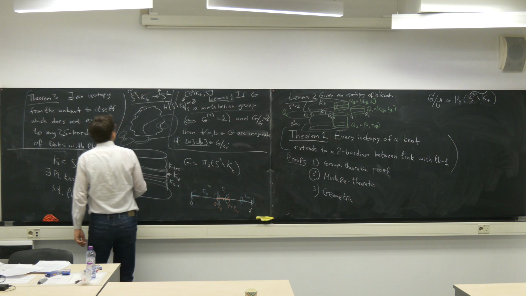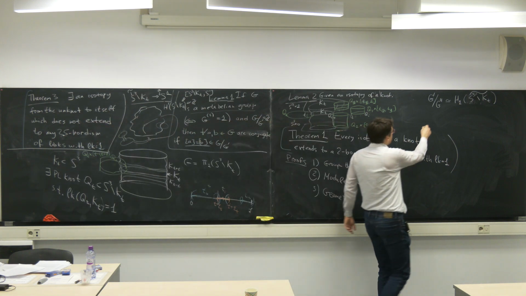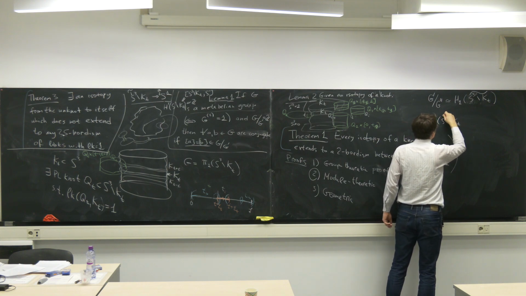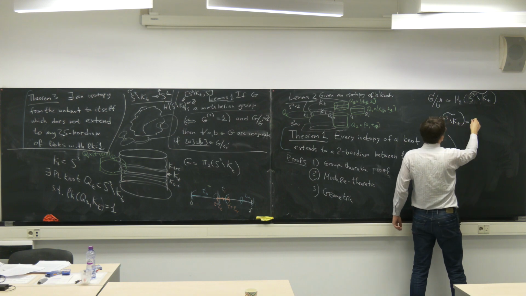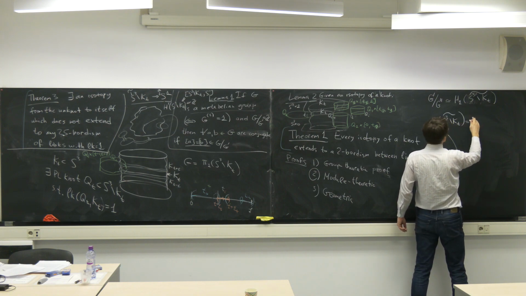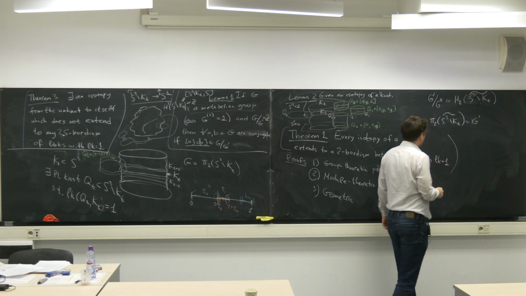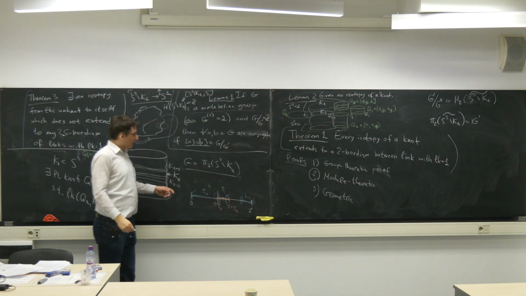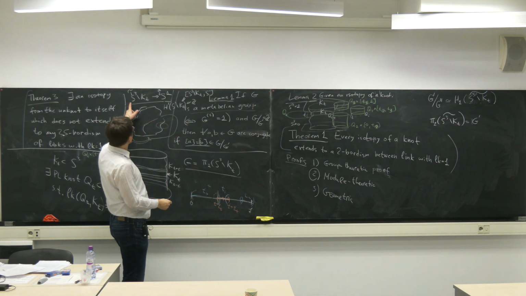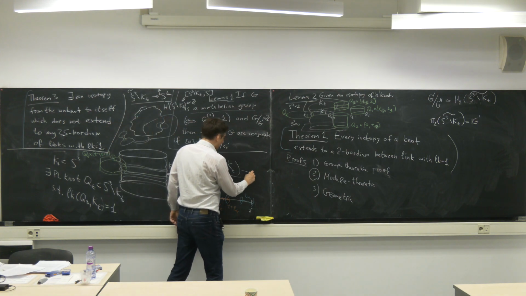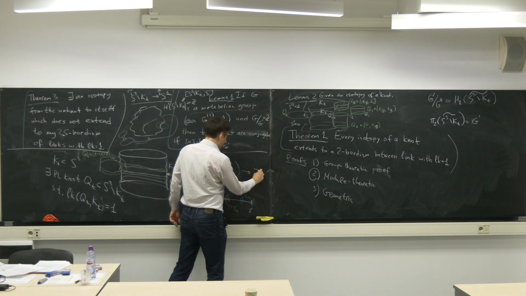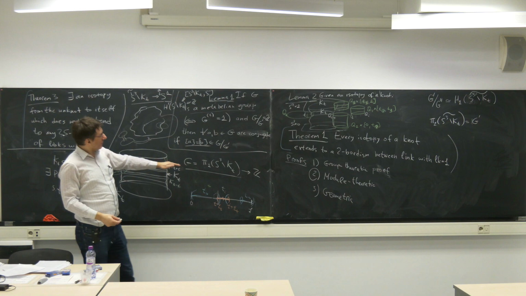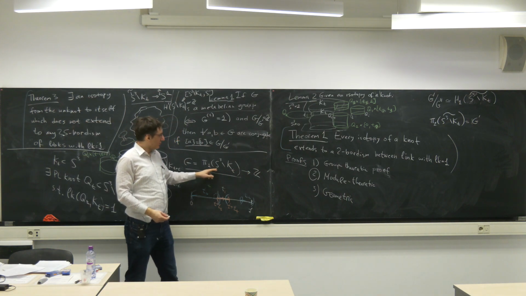So, by this construction, the fundamental group of this infinite cyclic cover is the commutator subgroup G prime. G was this fundamental group. Well, because this map into S^1 induces the map into Z, which is the abelianization. And this cover really corresponds to the kernel of this abelianization map.